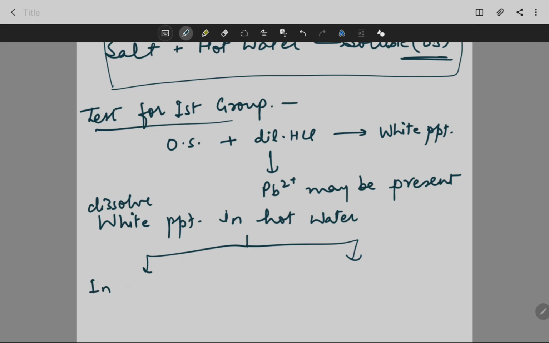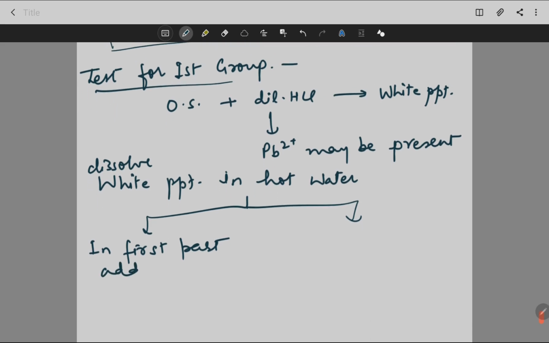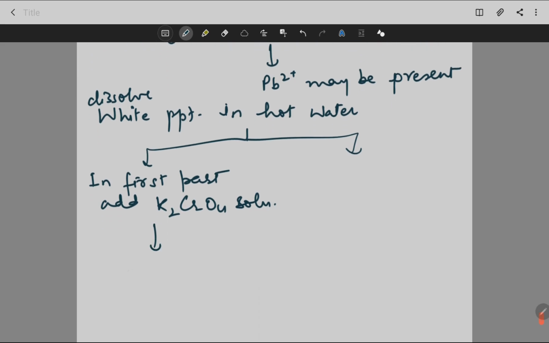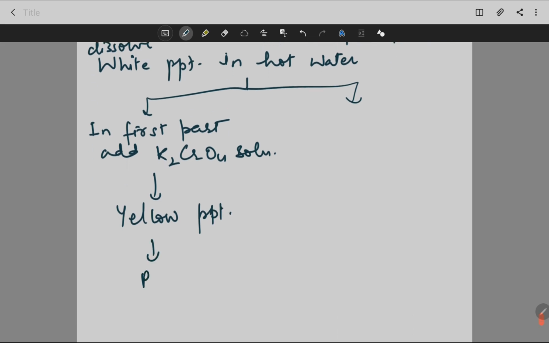In the first part add K2CrO4, potassium chromate solution. If we add potassium chromate solution to the first part and we get a yellow precipitate, it means lead confirmed, Pb2+ confirmed.